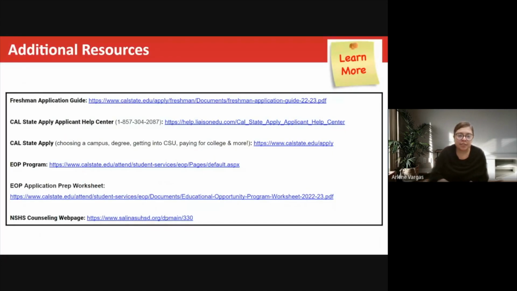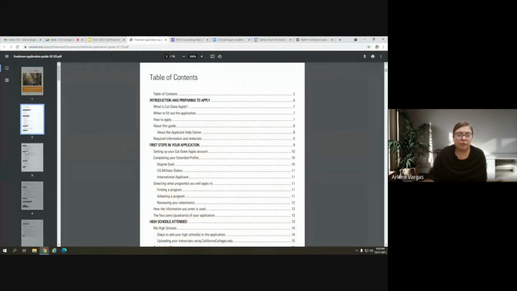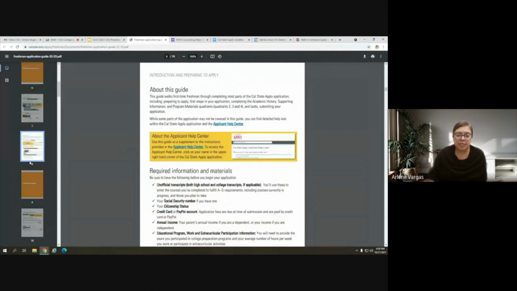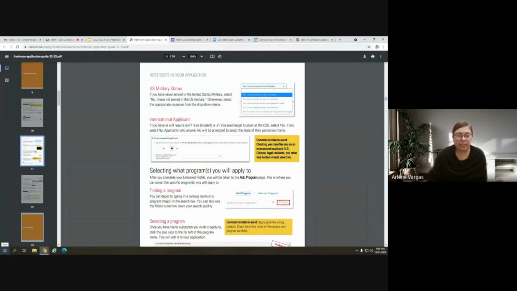Additional resources, so this is super helpful. Again, you're going to have access to this presentation, so you'll be able to click on the link. You don't need to take a screenshot or a picture because you won't be able to click on the links, right? So the freshman application guide is a PDF file that walks you through every step of the application, just like we did, and it's actually in a little bit more detail.